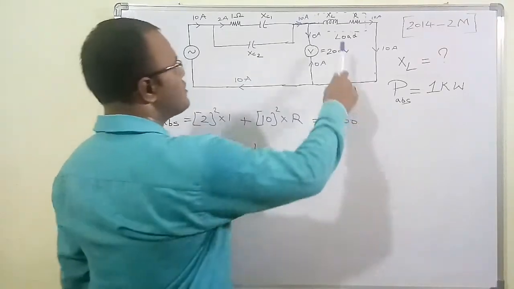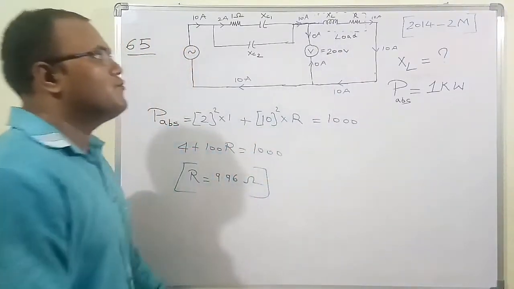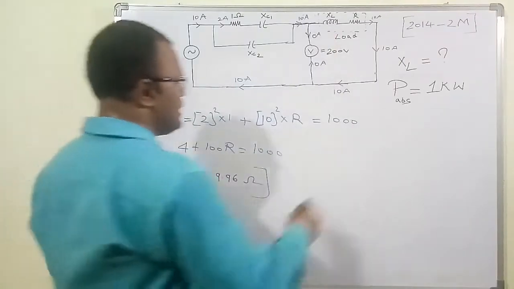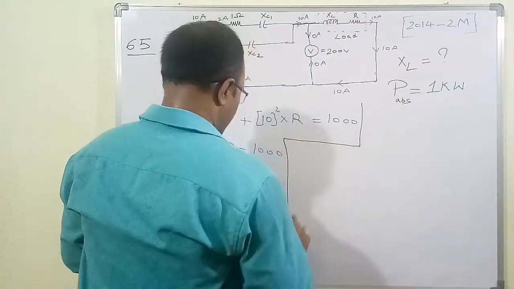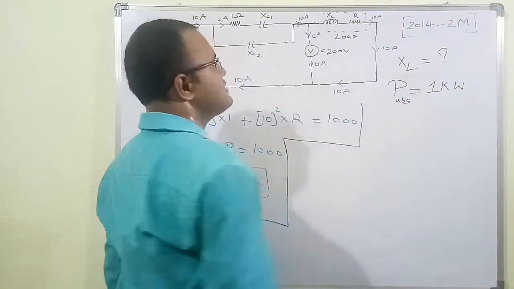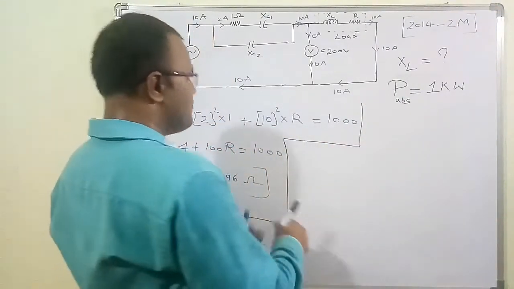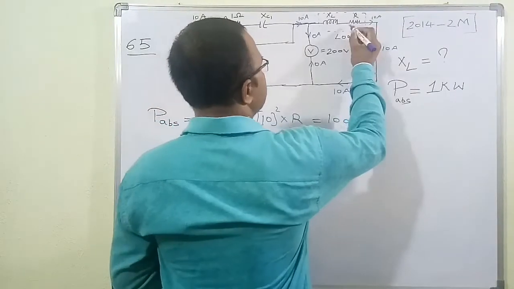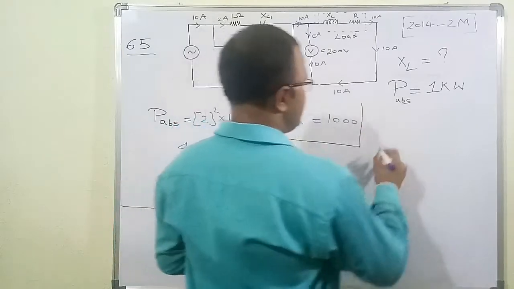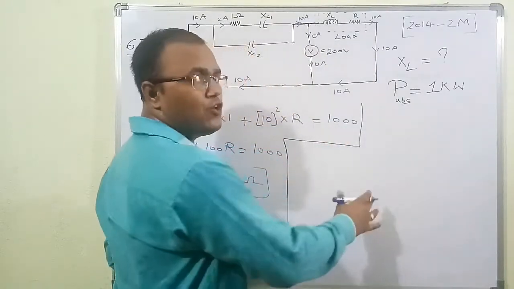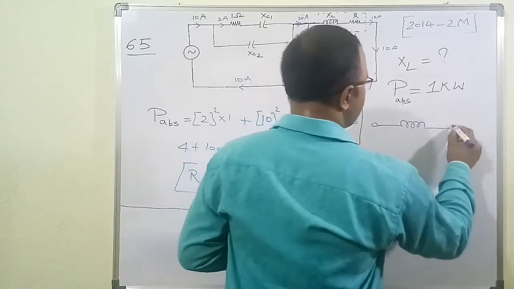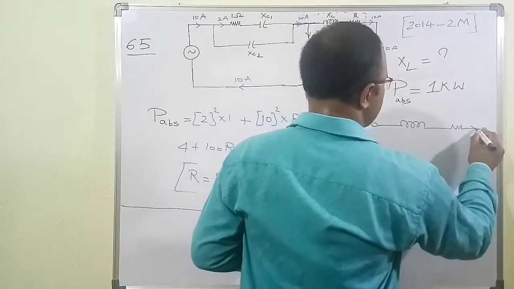But we also need to find the value of XL in this case. Here the current is 10 ampere. I will draw only the load part here: there is a load with an inductive reactance XL and a resistor R, and the current is 10 ampere.